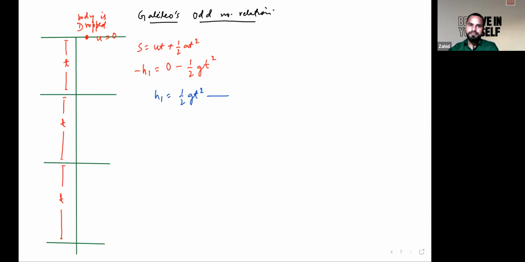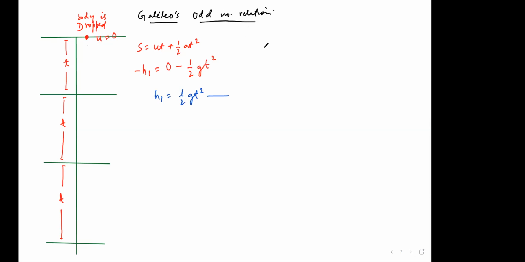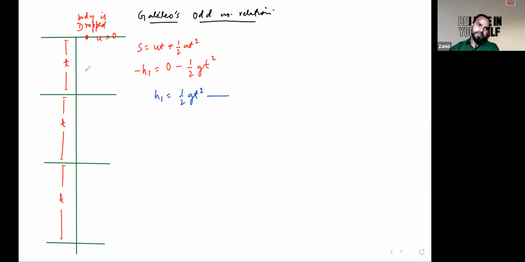Yes, sir. Similarly, if you want to calculate the second height, h1 is the height from this point to this point. Similarly, we have to calculate h2 from this point to this point. So how to define it? I had explained in the last part of equation of motion, first, second, third.